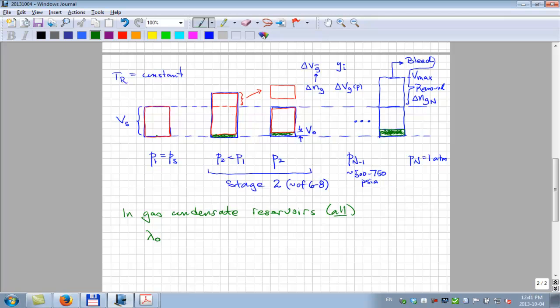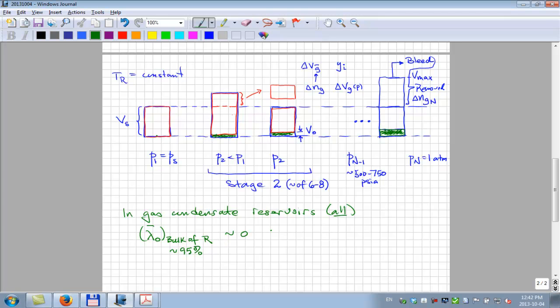I'm going to ignore that because it's a very small part of the volume of the entire reservoir. So this average mobility in the bulk of the reservoir, and I'm going to say 95% of the volume of the reservoir, that's pretty much everything. This is essentially zero.